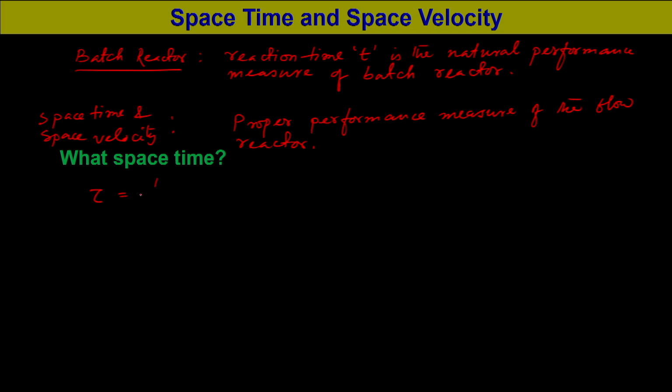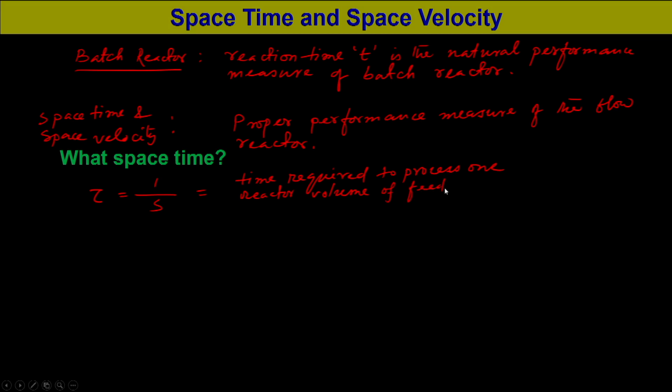So, which is 1 by s, tau would be equal to 1 by s, and it is defined as the time required to process one reactor volume of feed measured at specified conditions.